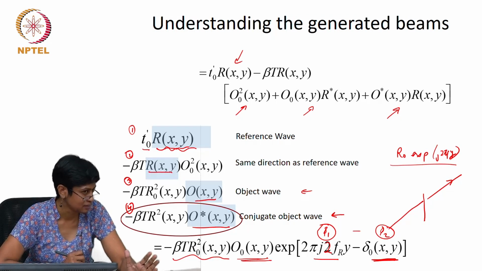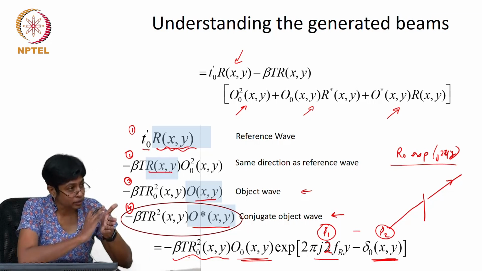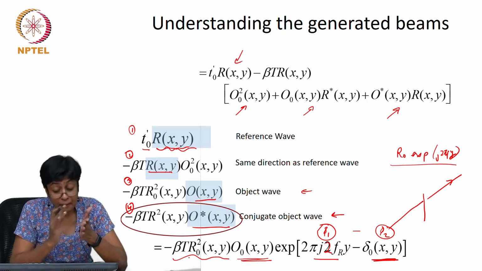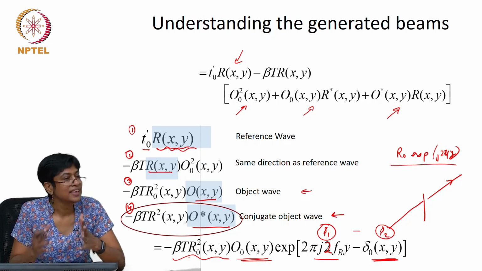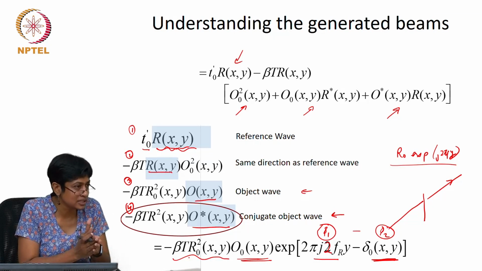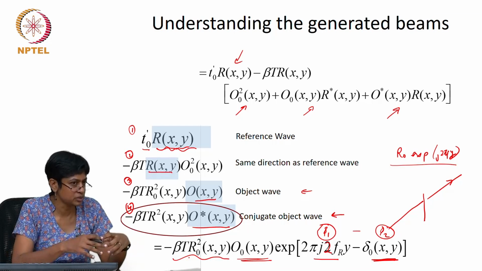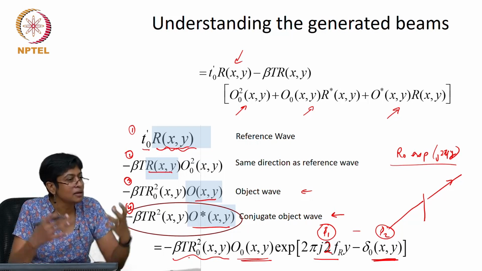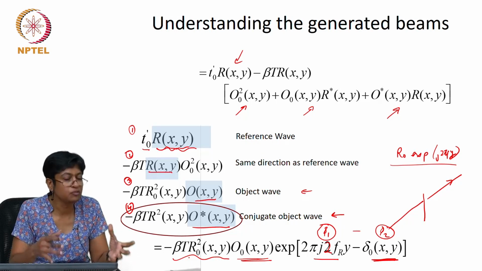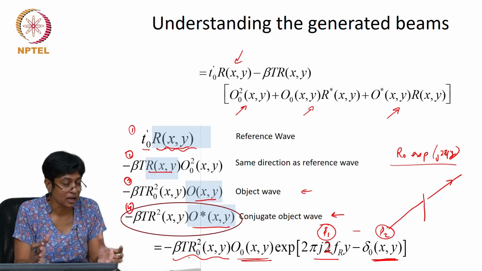That does not matter. In addition, that object beam is now travelling in some direction which is different from the original object beam, but that doesn't matter. My goal is to get the object beam. I live with the fact it's in a different direction.